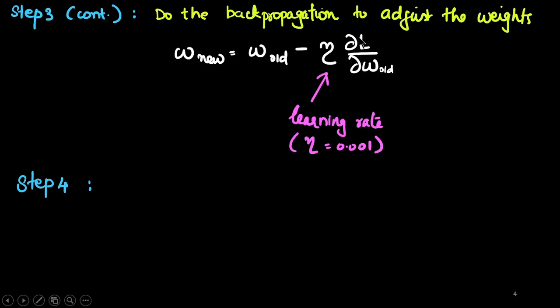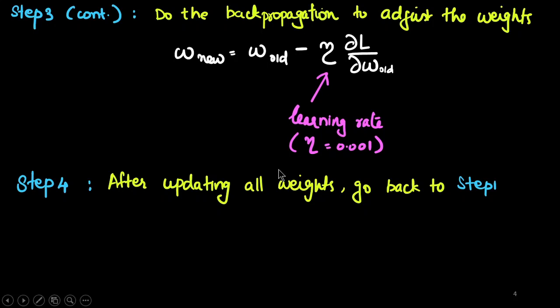And if it is a positive value, we will subtract some amount from W. So if the derivative is positive, we decrease the weight value, and if the derivative is negative, we increase the weight value. That's how we adjust the weights.